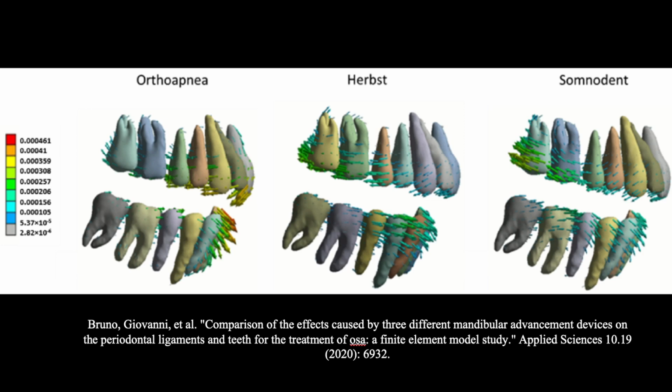So that goes into some newer papers that are starting to come out. The OrthoApnea, I would consider an interlocking type of appliance. We have the Herbst style, which I would call some type of push appliance. And then the SomnoBent, with this research paper, from my understanding, is the dorsal fin appliance. And you're going to look at where all these appliances are putting forces.